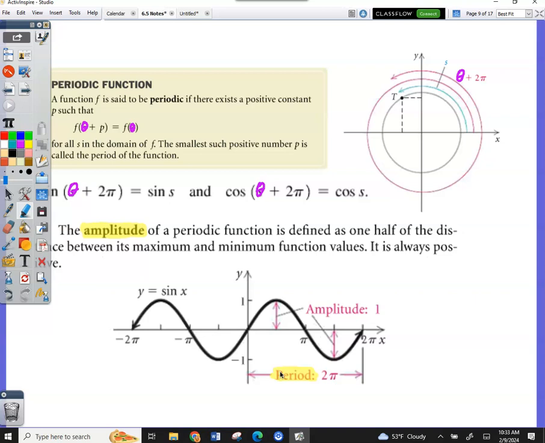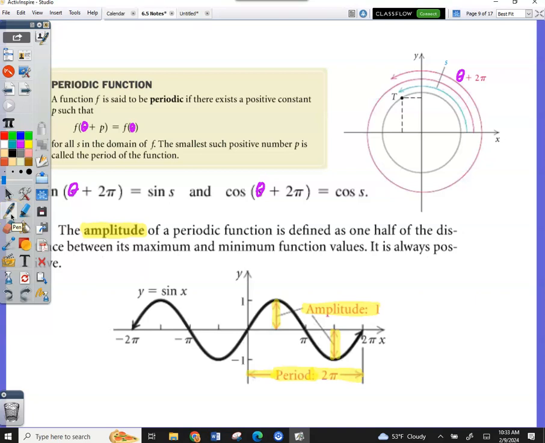It takes 2 pi for the graph to generate one complete cycle. Okay? Take your highlighter, highlight that period is referring to how far it stretches across to do the one cycle, and then I want you to highlight amplitude and highlight these little arrows right here and here to show you that amplitude is referring to the height of the curve.